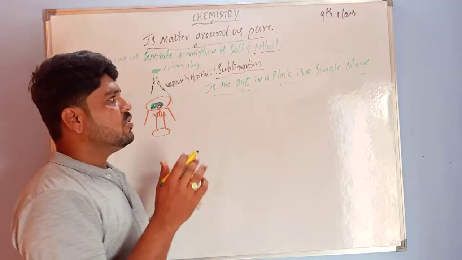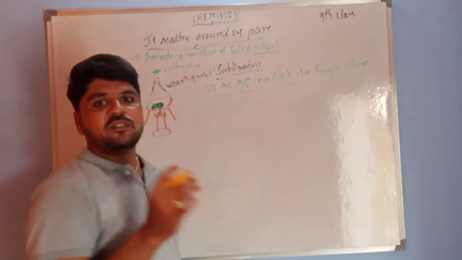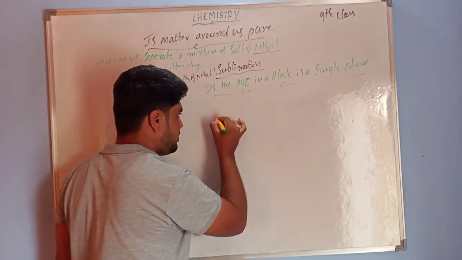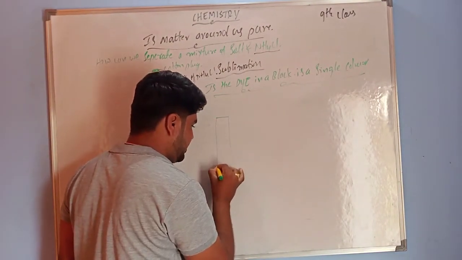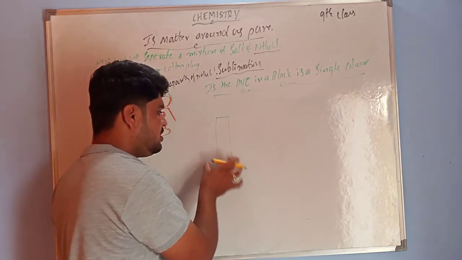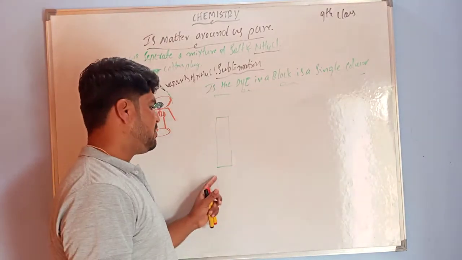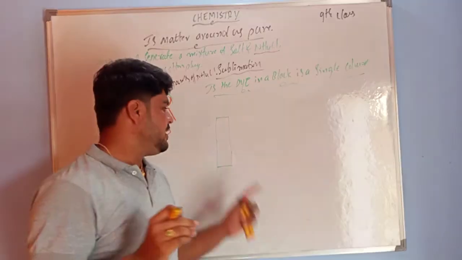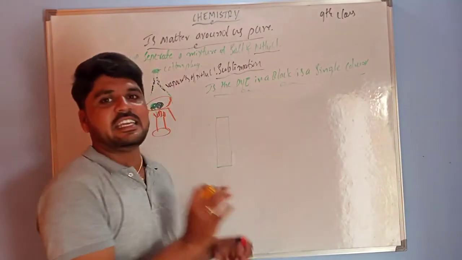Now we need a paper, that is a filter paper. I am taking a filter paper cut into this shape. Filter paper is like tissue paper, it absorbs water easily.